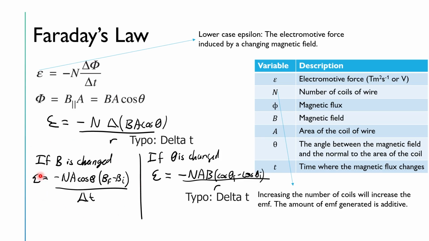Now, the first variant of the equation accounts for a change in magnetic field strength, and the second variant of the equation accounts for a change in the angle between the magnetic field and the normal to the area of the coil.